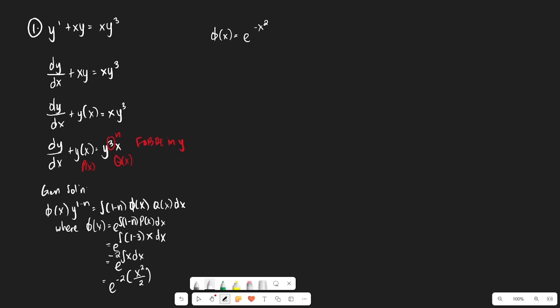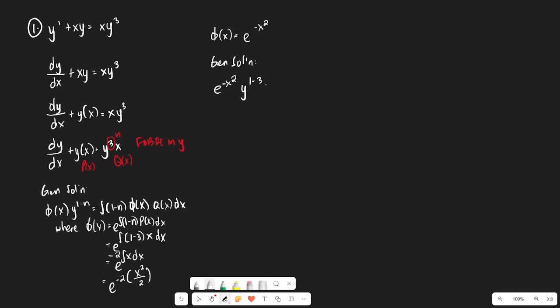Now that we've found phi of x, let's now solve for the general solution. So the general solution is given by e raised to negative x squared, we're just substituting what we have. So phi of x is just e raised to negative x squared, and we're substituting that right here. e raised to negative x squared times y raised to 1 minus 3, right?